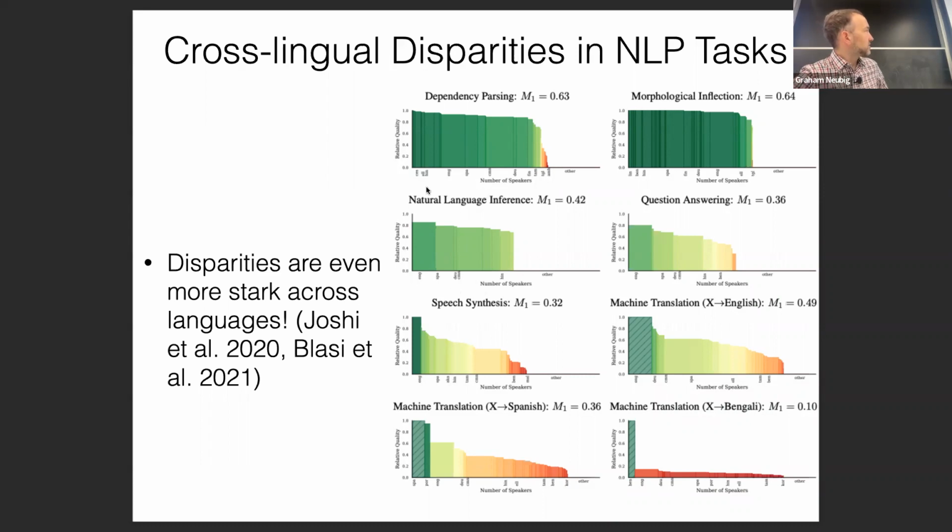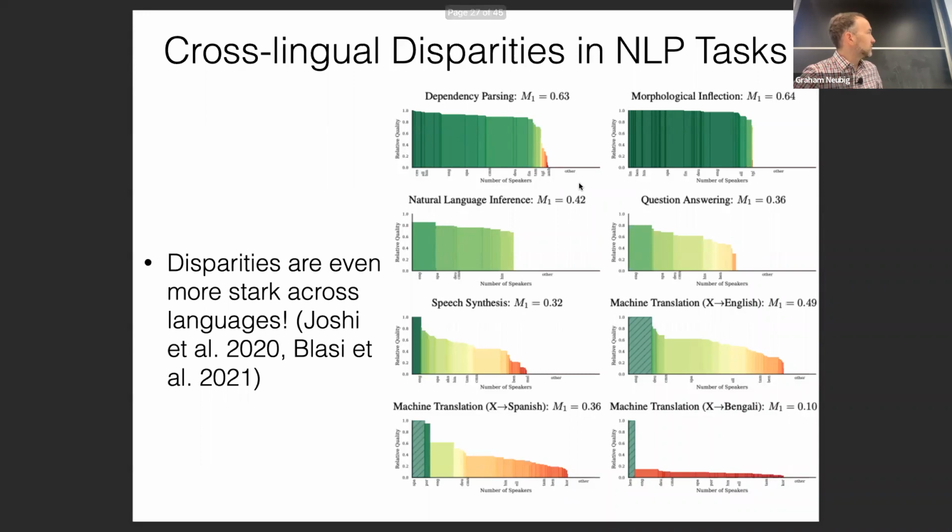The x-axis is the number of speakers who speak each language, and the y-axis is the accuracy of a system. One interesting thing we can see here is that for things like speech synthesis, machine translation, and question answering, there's a pretty big disparity across languages in reported results from many NLP papers.